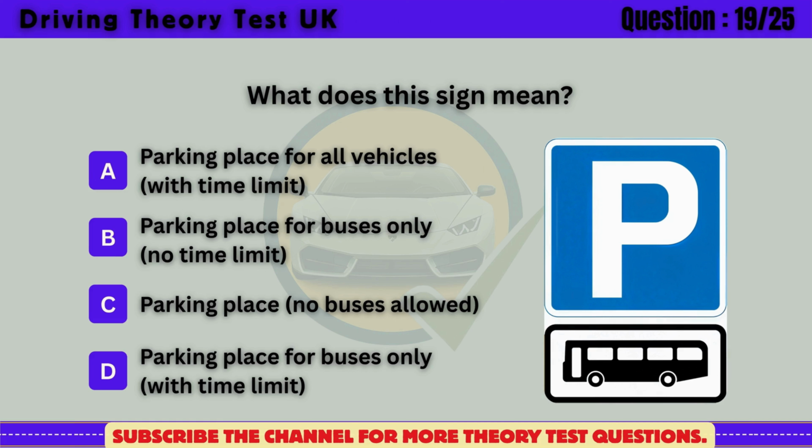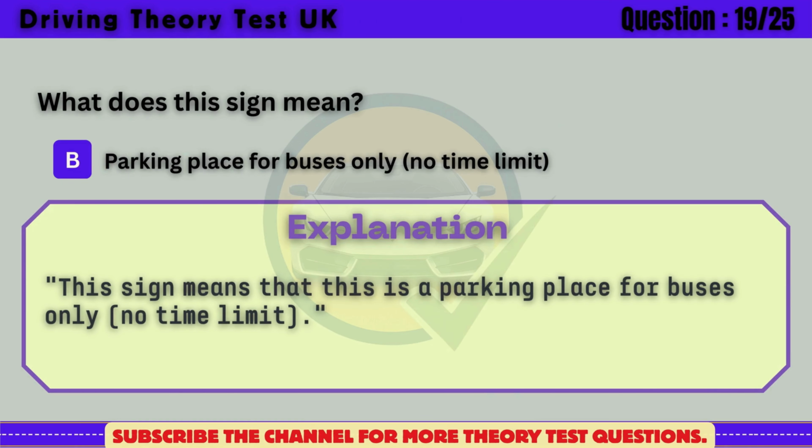D. Parking place for buses only, with time limit. Answer was B. Parking place for buses only, no time limit. This sign means that this is a parking place for buses only, no time limit.